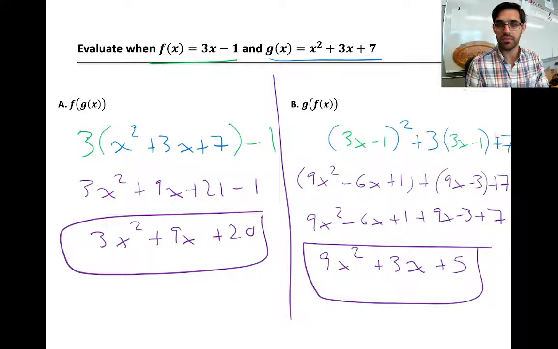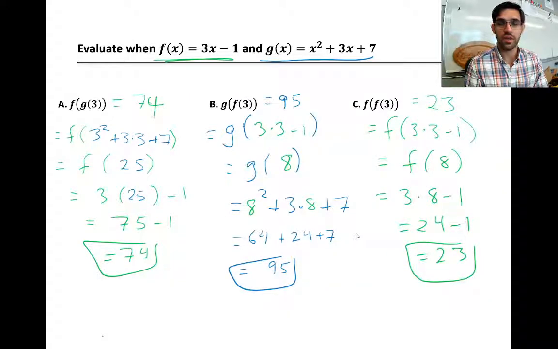And then plus 7. And we can square the binomial. That's a little box method I did in my head. We can distribute the 3, and then we can drop the brackets and collect like terms. We get a simplified expression like this. Again, notice f of g of x is not equal to g of f of x. These are different expressions.